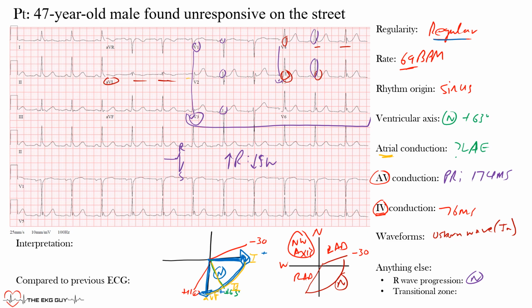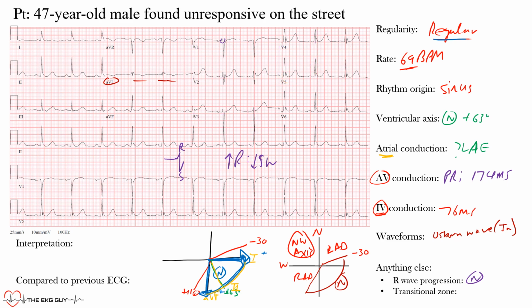And then transitional zone, that's where we go from being mostly positive in the precordial leads to being mostly negative. So you can see that it's mostly negative, negative to mostly positive. Let me erase that so you can see what I'm talking about.